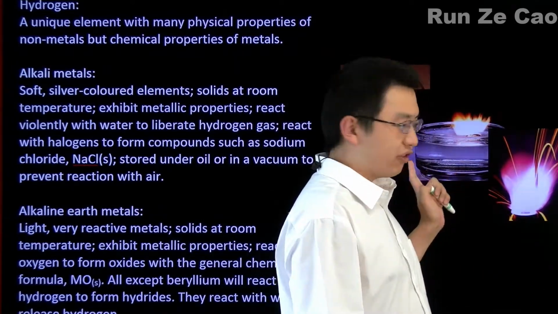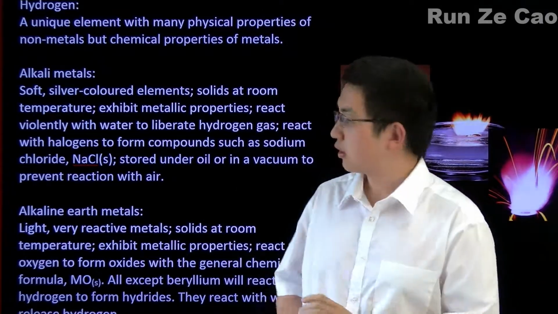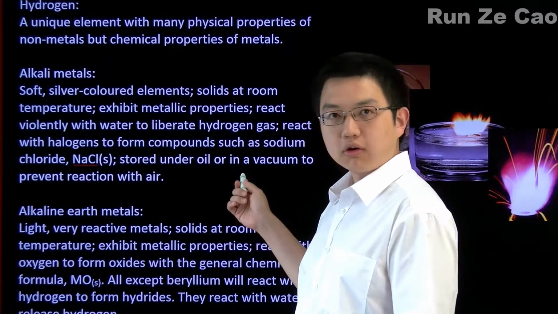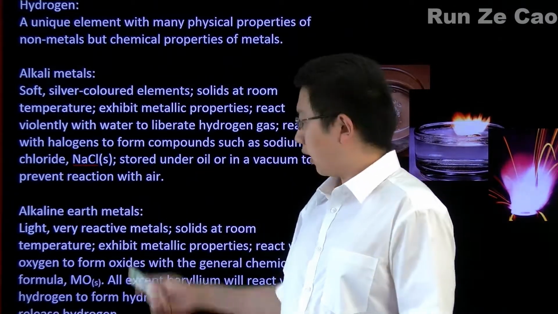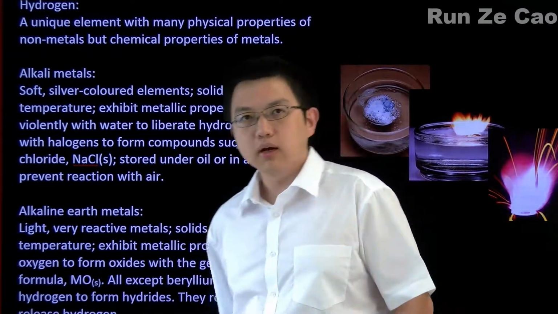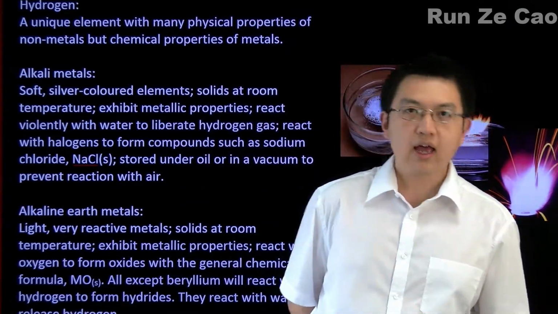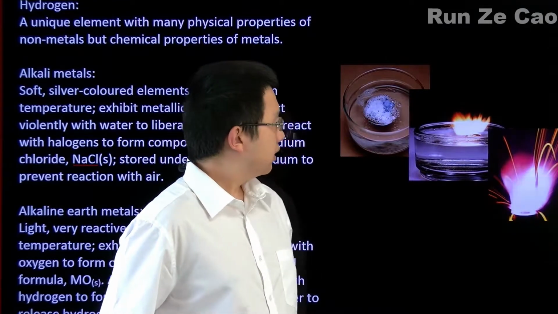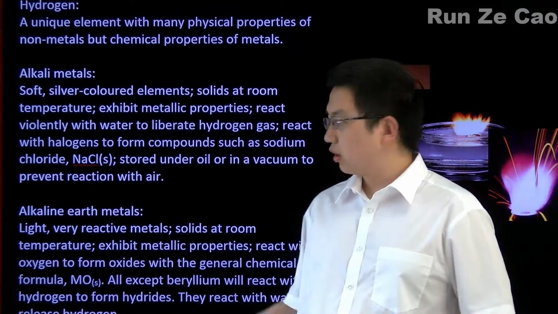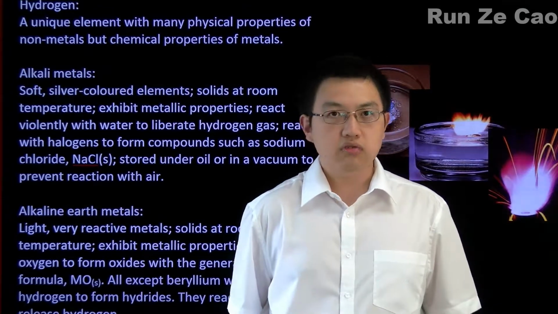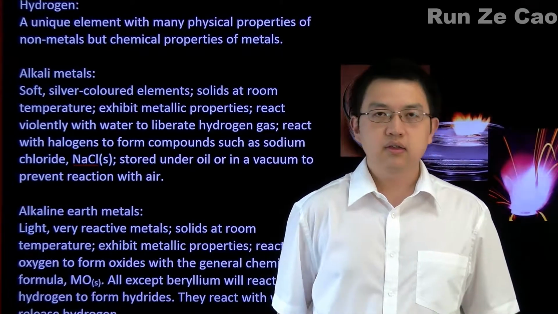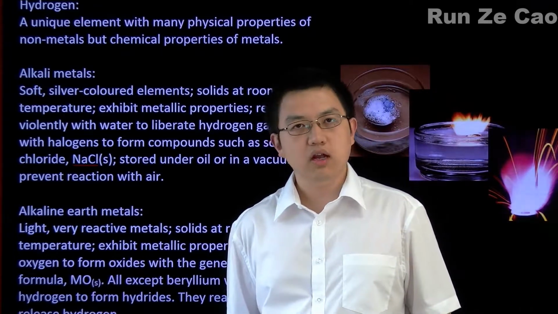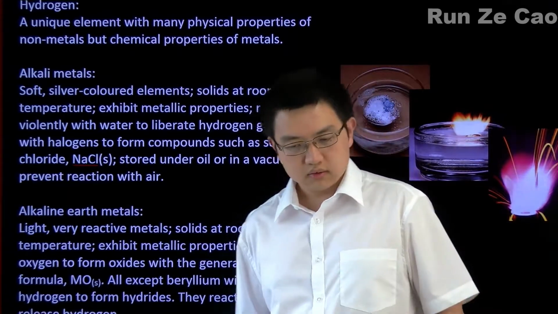Now, alkali metals have to be kept under oil, usually kerosene, to prevent reaction with air. Or they can be stored in a vacuum. Why does it react with air? Well, air contains both oxygen and water vapor. So if it does this with water vapor, and we know that it's incredibly easy for it to lose electrons, and oxygen likes to gain electrons, it's got a very high electron affinity.